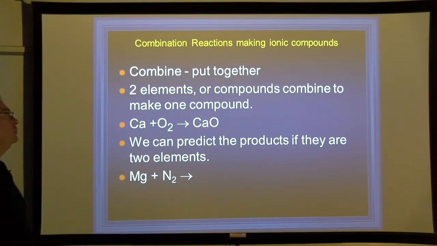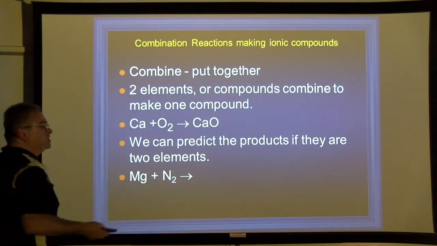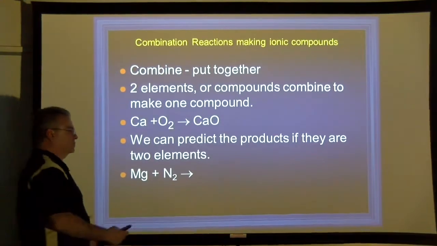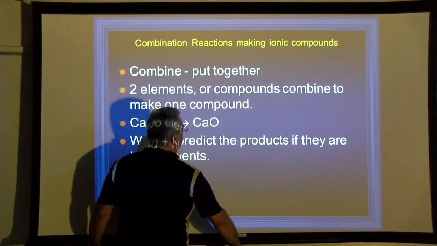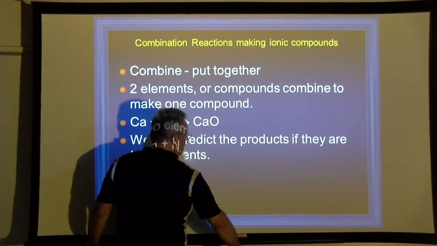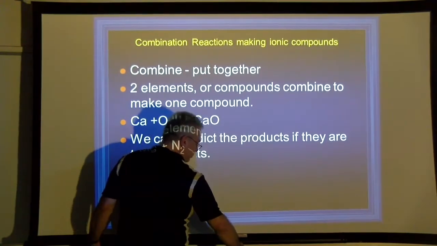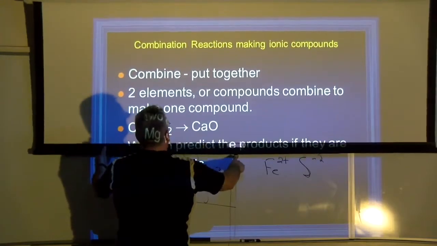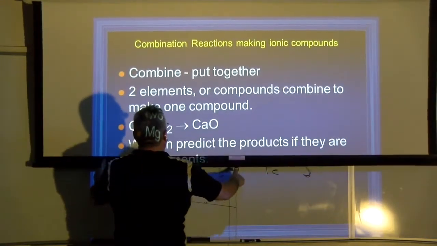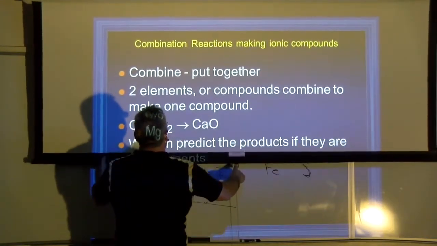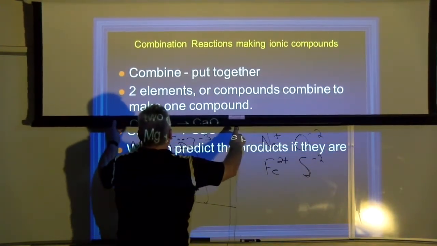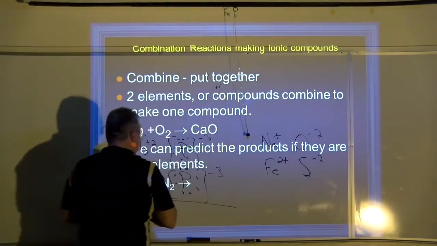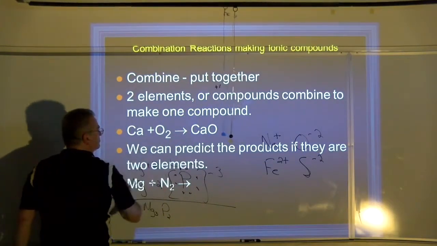The only thing I can do is add what we call coefficients. That means increase the number of the particles by putting a number in front of the formula. So, this is very important, what I'm about to show you. Students struggle with this concept. So we'll use the formula that we're working with here, the calcium and the oxygen.